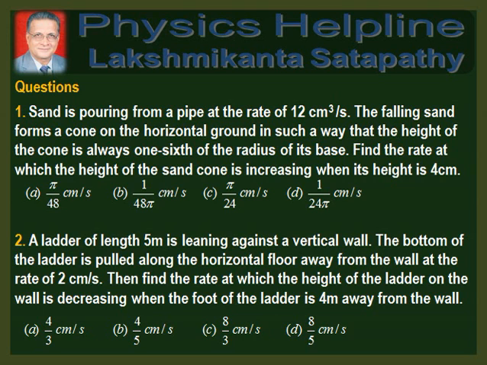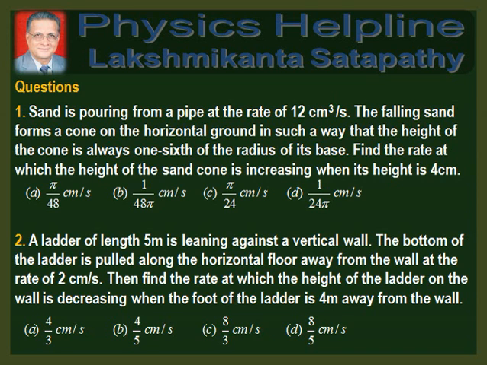Find the rate at which the height of the sand cone is increasing when its height is 4 centimeters. The options are pi by 48 centimeters per second, 1 by 48 pi centimeters per second, pi by 24 centimeters per second, and 1 by 24 pi centimeters per second.